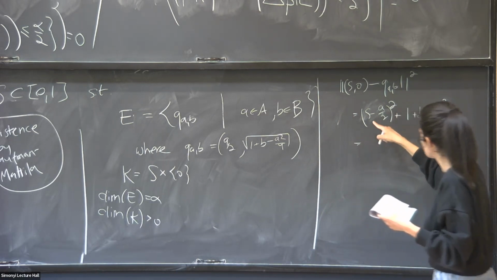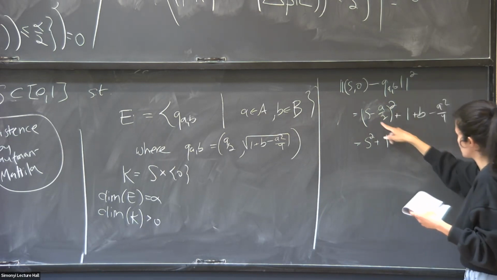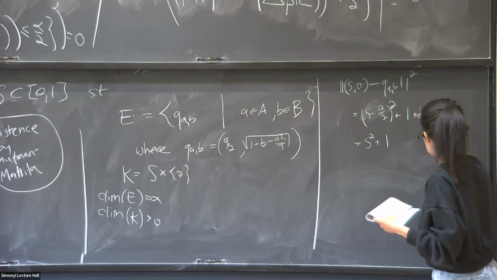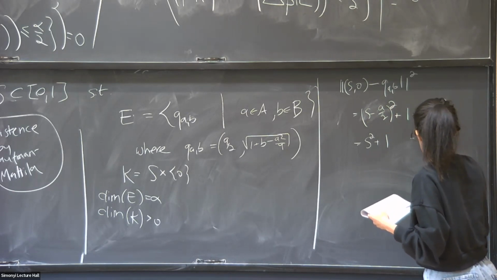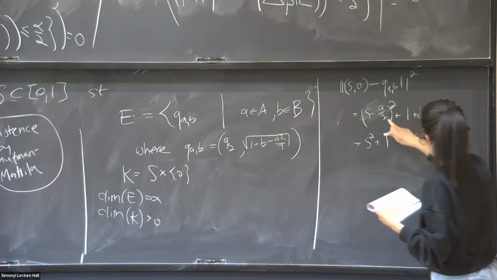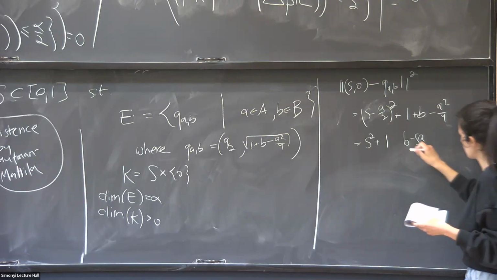This gives s squared plus 1 minus 2 times s times a over 2, minus a, let's write it like this, plus b, and a squared over 4 is cancelled with this a squared over 4.